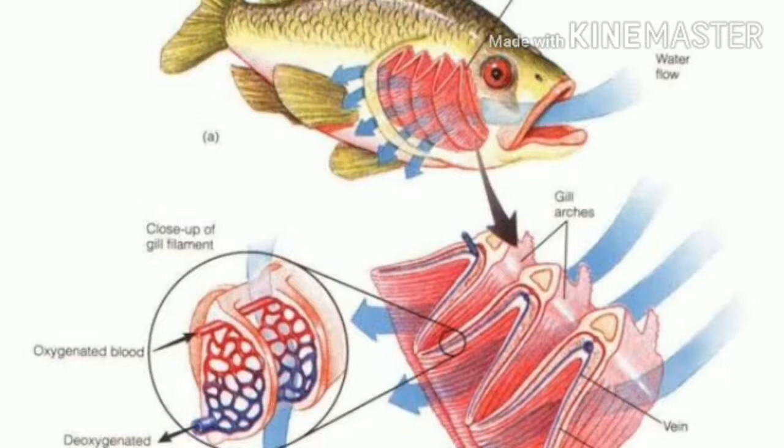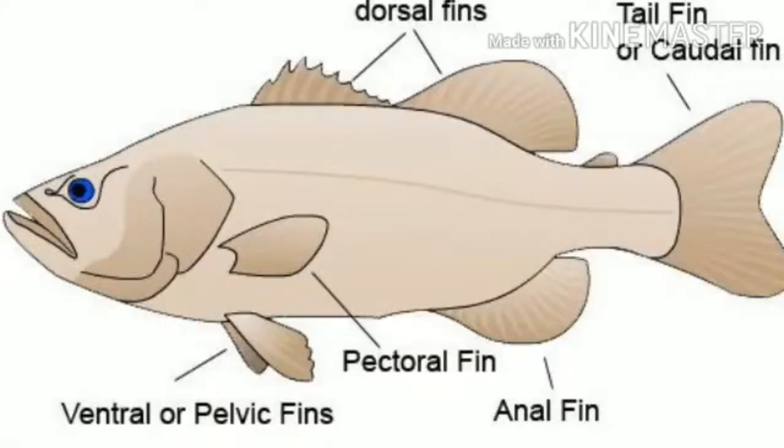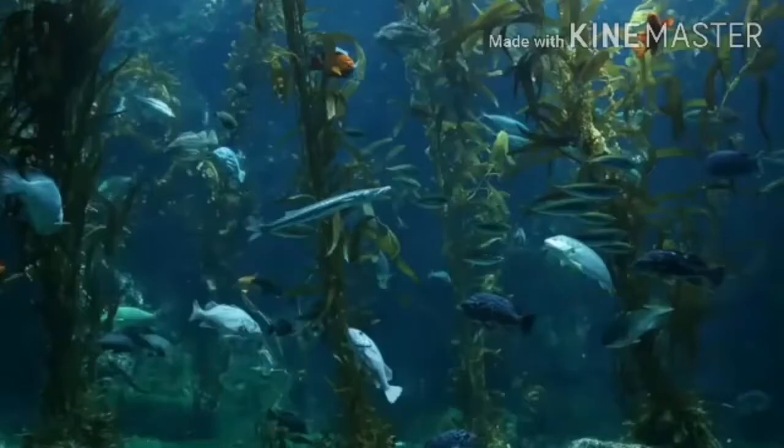They have gills to breathe. The oxygen from water enters into its body through the gills. The fins and tail help it to swim and balance in water easily. They all feed on aquatic plants and other water creatures.